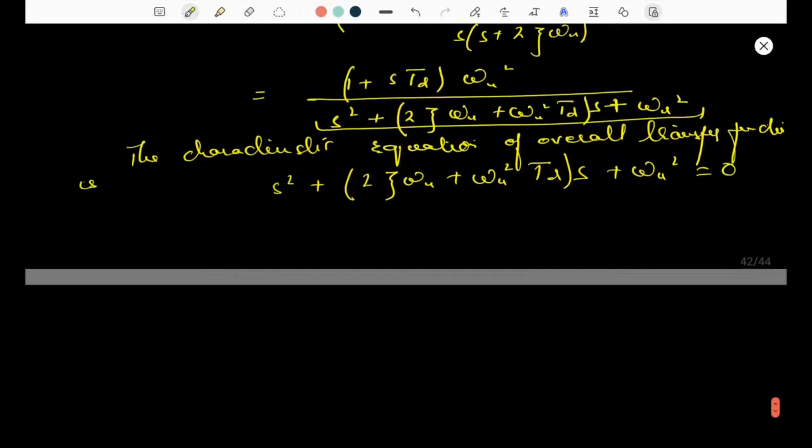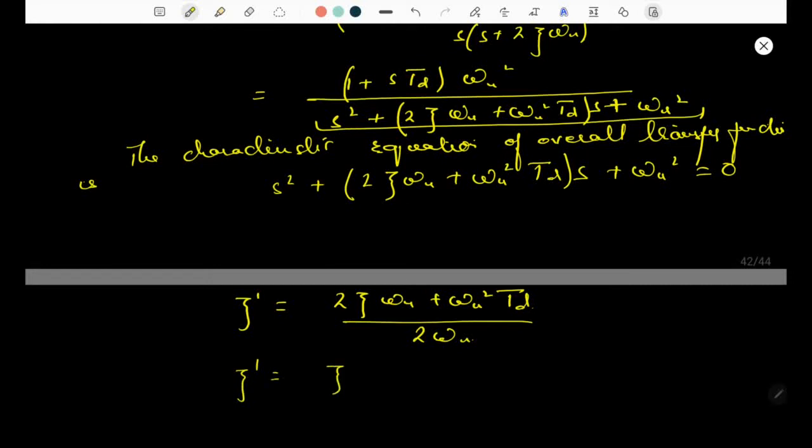If we compare this characteristic equation, we can see what the damping ratio should be. For the characteristic equation using the derivative control action, the damping ratio, which we call zeta dash, is (2 zeta omega_n + omega_n^2 T_D) / (2 omega_n). So zeta dash = zeta + omega_n T_D / 2. This is the damping ratio of this characteristic equation.